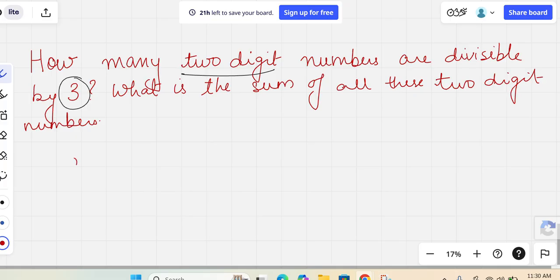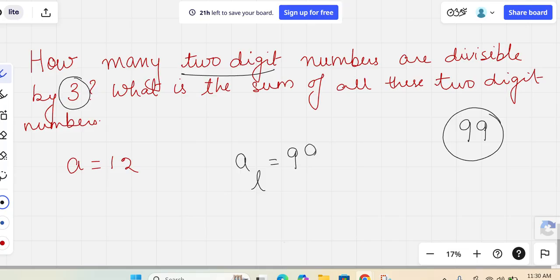A is equal to 12. And after that, you have to check the last two-digit number, which is 99. Is that divisible by 3? Yes, ma'am. So that means your last term is 99.